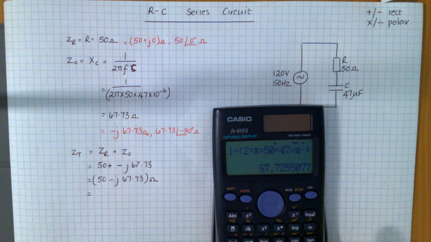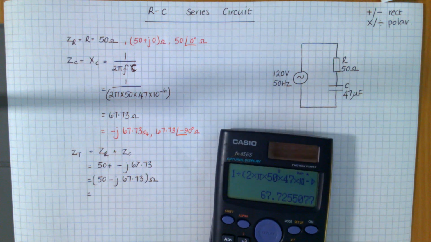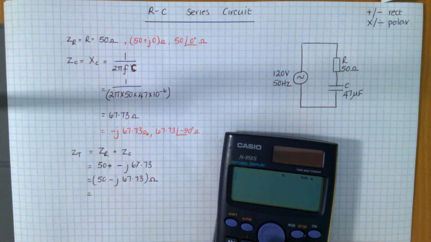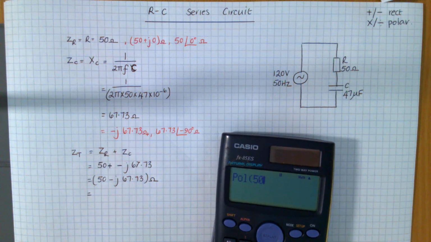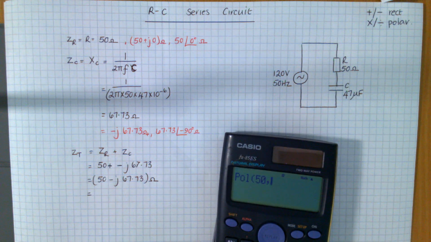Because all your final answers should be in polar form, we're going to convert this. So to convert it to polar form, shift pole 50, and remember, this time you've got to put in the negative sign for the negative 67.73.